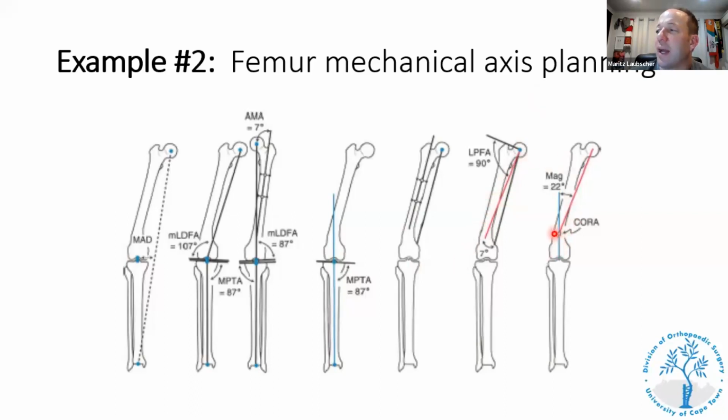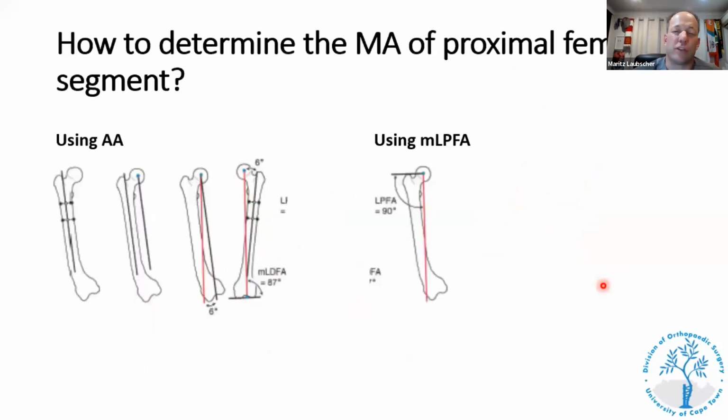Where these two intersect, that's the apex of the deformity. Now this is quite confusing, and it's a lot of lines. There are two different techniques to determine the mechanical axis of the proximal femur. The one I just showed is accurate, but quite a few steps.